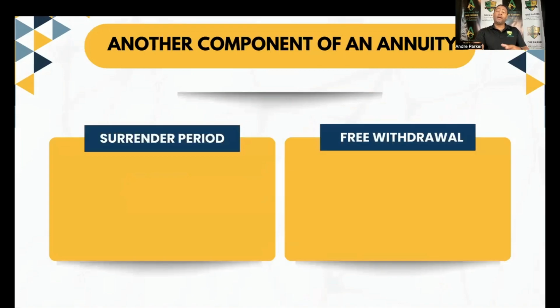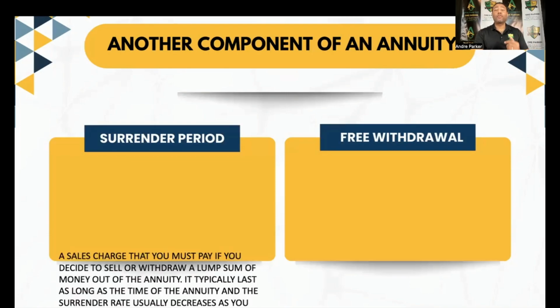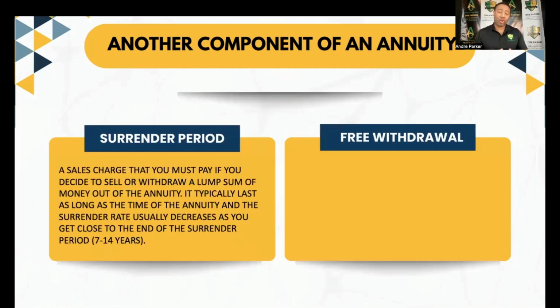Now, another component of an annuity is the surrender period. If you're taking notes, please listen up. The surrender period is a sales charge that you must pay if you decide to sell or withdraw the complete lump sum of money out of an annuity.